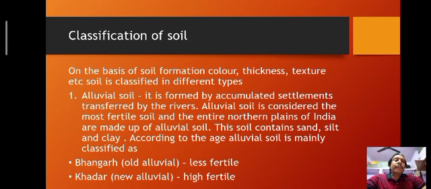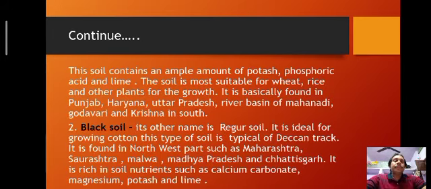Khadar every year gets a layer of new soil. When the flood comes, it carries silt and deposits it in these areas. But in the case of Bangar soil, the silt is very old, due to which its fertility has declined. Okay, now come to the next.